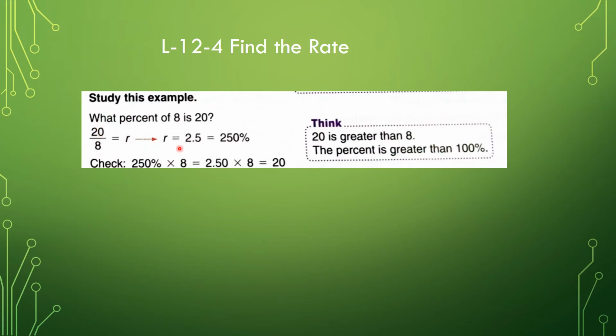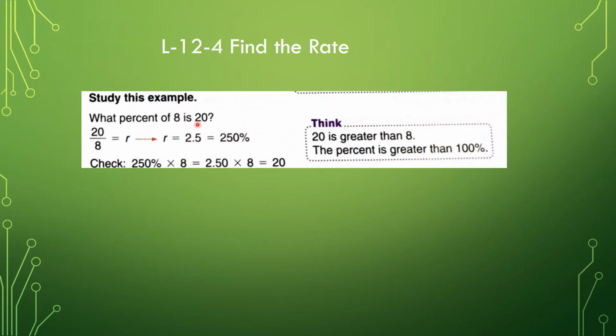The answer is R equal to 2.5, and to change from decimal to percent, multiply by 100 by shifting the decimal point right 1 and one more place. It is 250%.